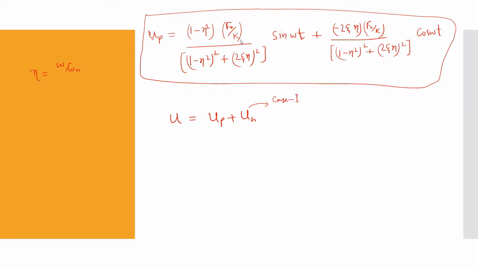Case 1 depends on zeta, where zeta is greater than 0 and less than 1, so our homogeneous solution was e to the power minus xi omega n t into u naught cos of omega d t plus u naught dot plus xi omega n u naught upon omega d into sine omega d t, for case 1.